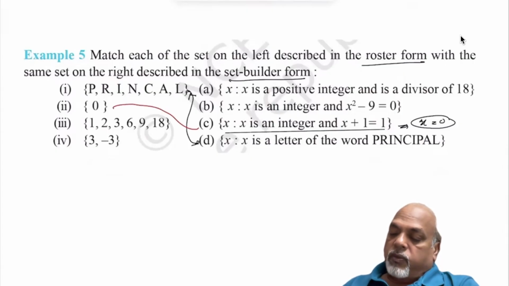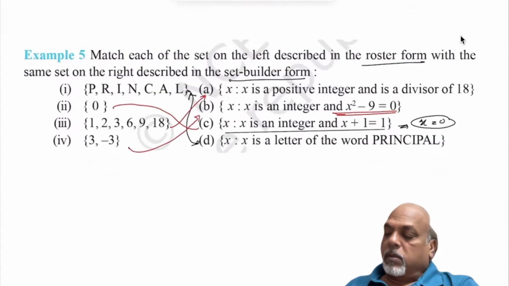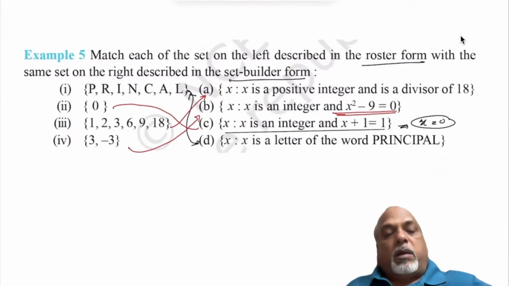Then 1, 2, 3, 4, 6, 9, 18 are basically the divisors. And the solution of this is this set. Correct? So this is how you can do very easy questions.